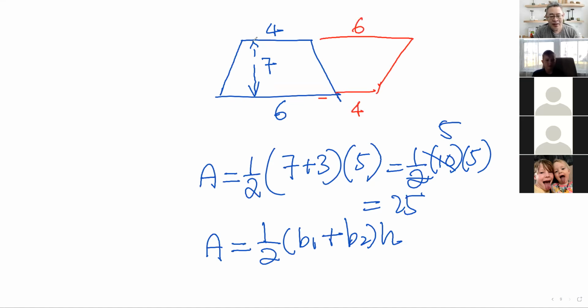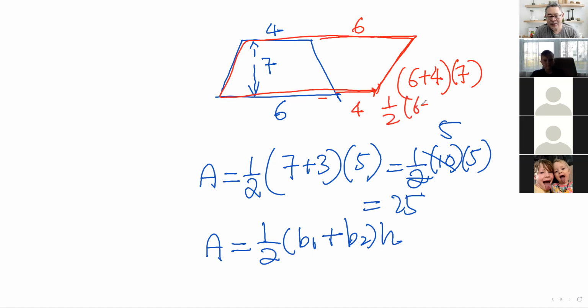Therefore, this parallelogram is 6 plus 4 times the height, in this case 7, but the trapezoid is half of that. So then we got half of 6 plus 4 times 7. 6 plus 4 is 10. 10 divided by 2 is 5. 5 times 7 is 35. So that's how we got that one. Okay, let's try another.